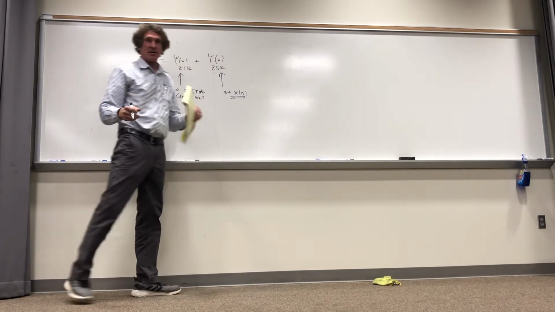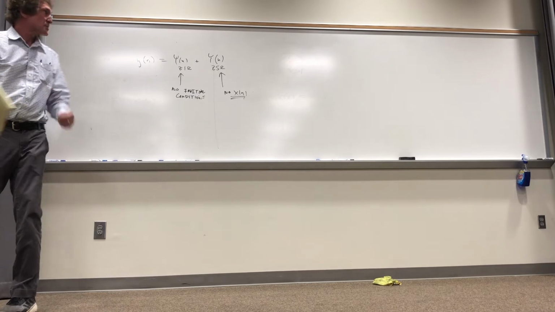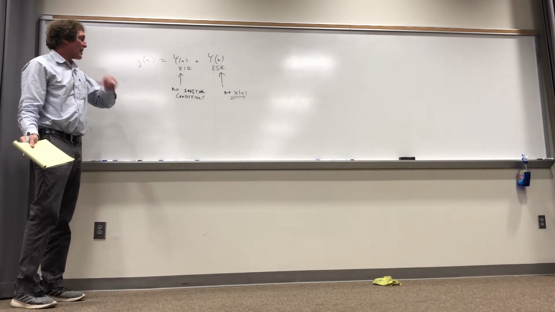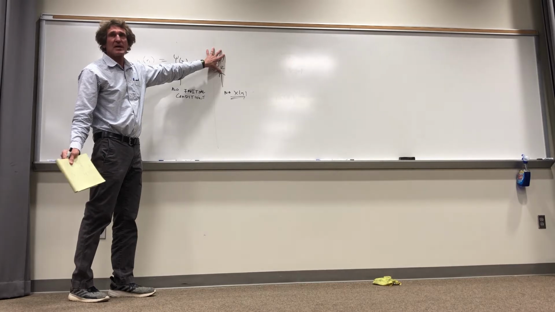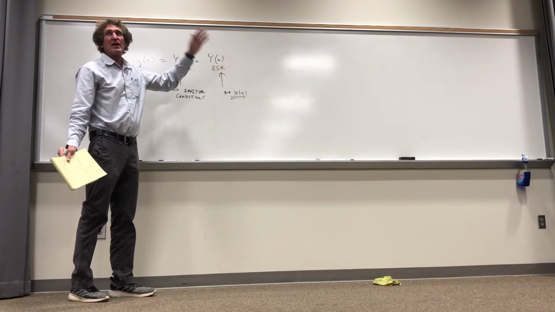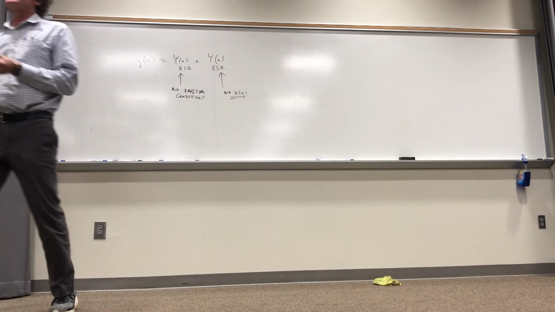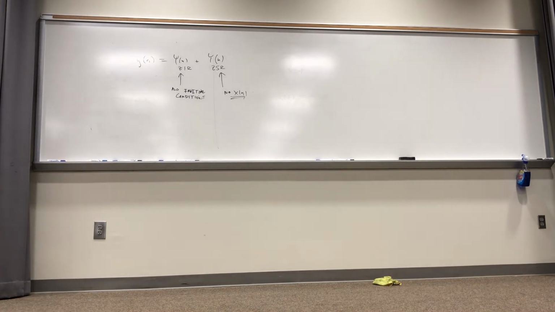There's no input here. So this would be the response to just the state energy for like the y of -1, and I'll explain this. The values of y of -1, y of -2 are like the initial values of the voltage on a capacitor. Think of it that way. Does that make sense to people?